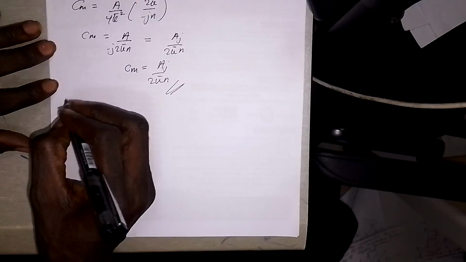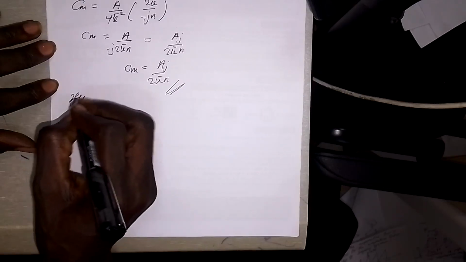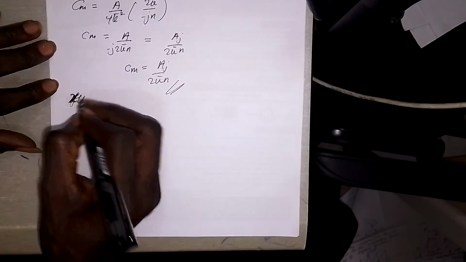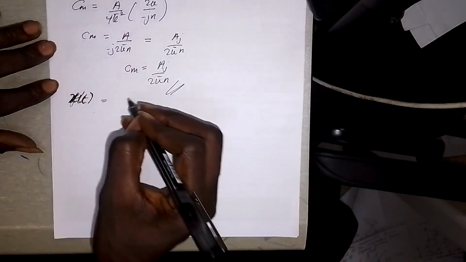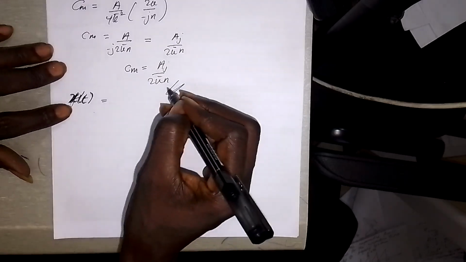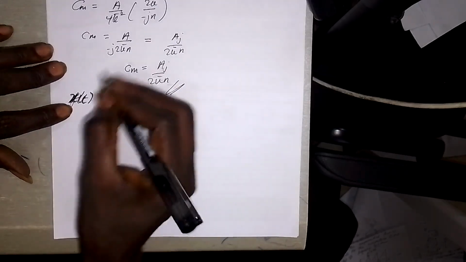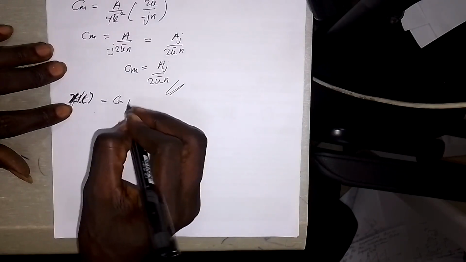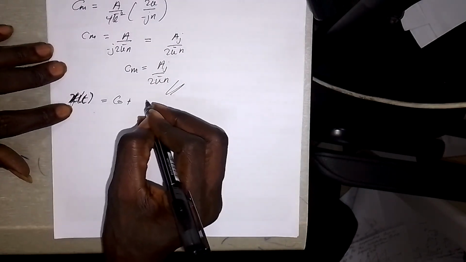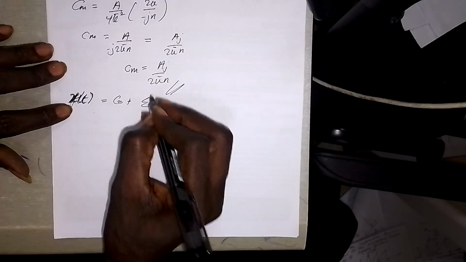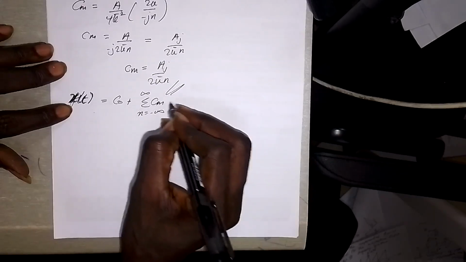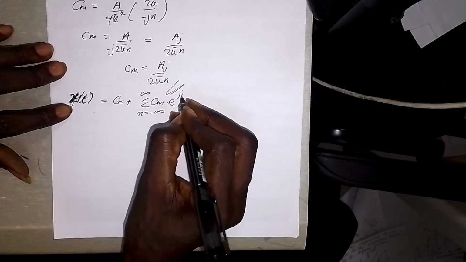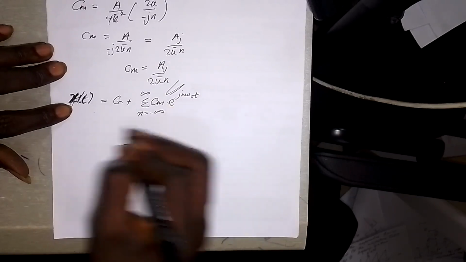So now my Fourier series, putting it into the original Fourier x of t. It's always x of t in the exponential method. That's why we use it to differentiate it from the trigonometric Fourier series method. So here c naught plus the summation, n is equals to minus infinity to infinity, cm into e to the jn omega naught t.